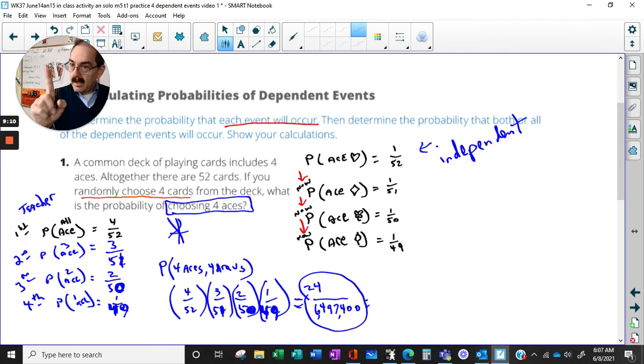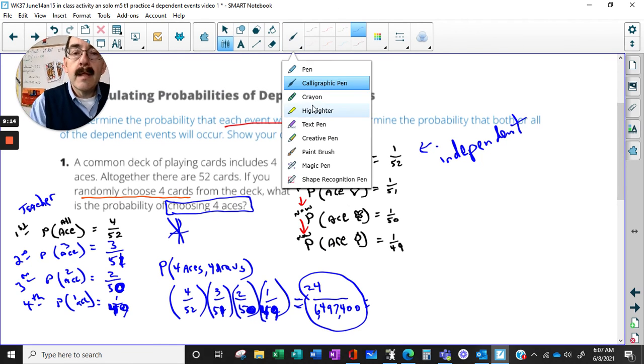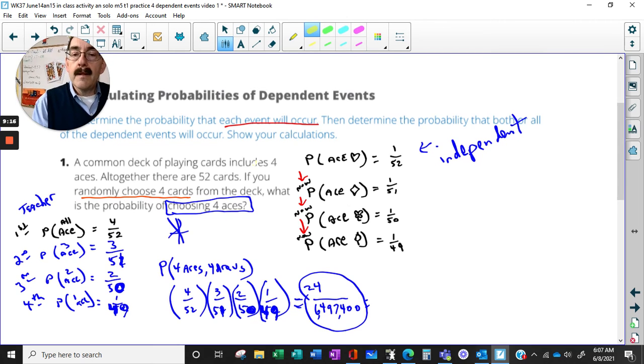Probability 1. The probability of getting the 4 aces randomly, given they're in a row, is right here. Okay? The teacher way. So, have that discussion.